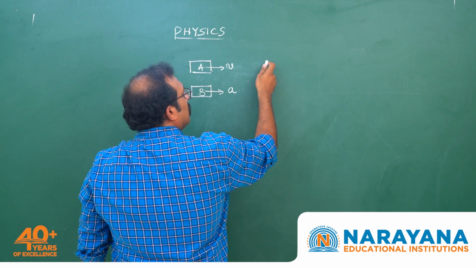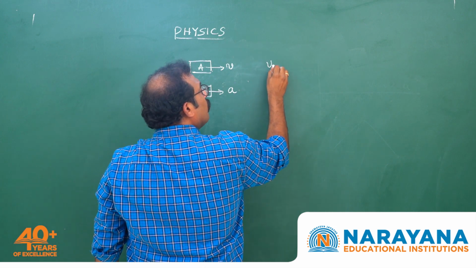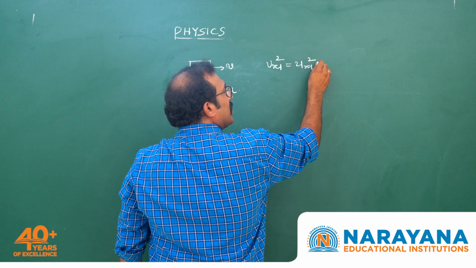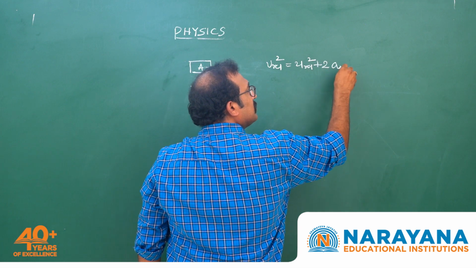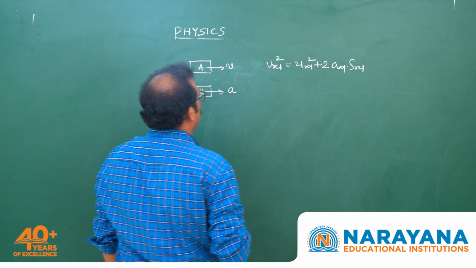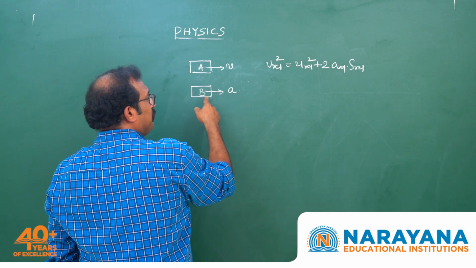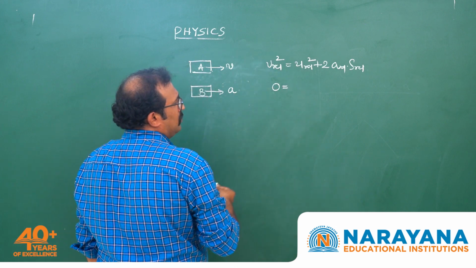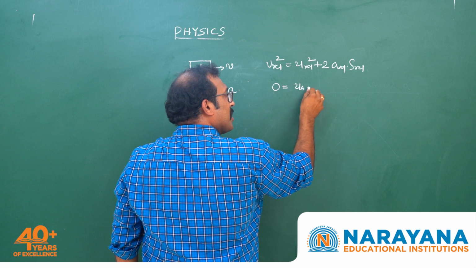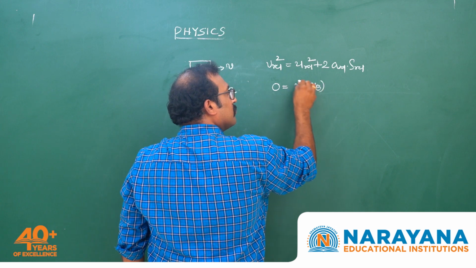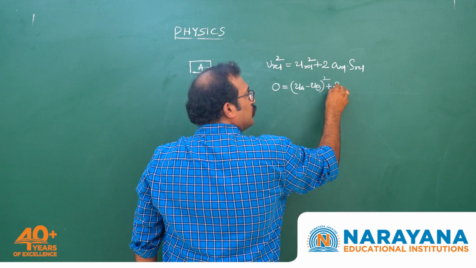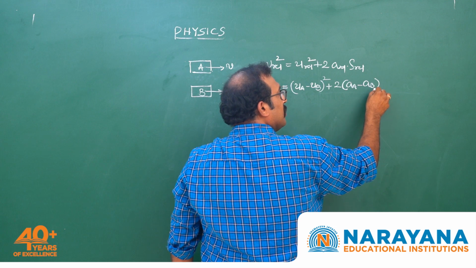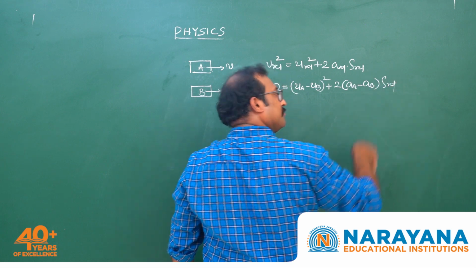Let us discuss in terms of the relative method. So we can write V relative square is equal to U relative square plus 2 A relative into S relative. So here A is catching B. Therefore, the final relative velocity must be equal to 0. So here velocity of A minus velocity of B, square, plus 2 into acceleration of A minus acceleration of B into S relative.